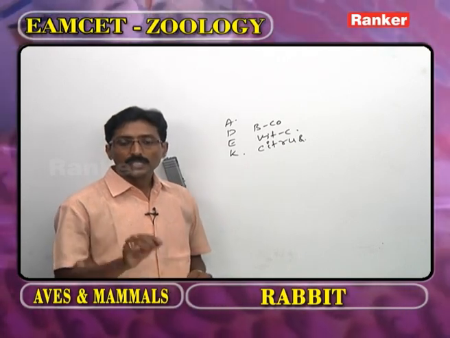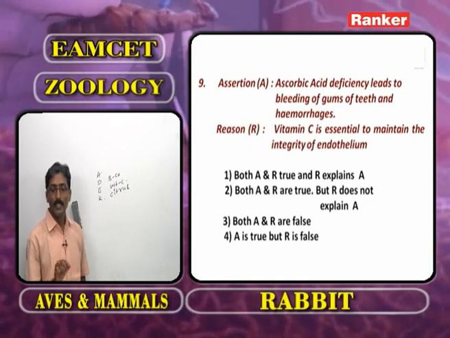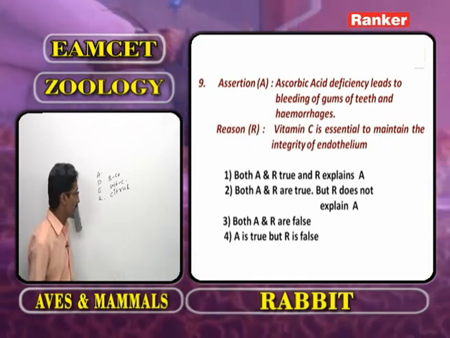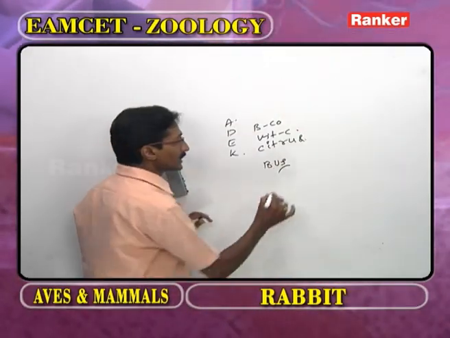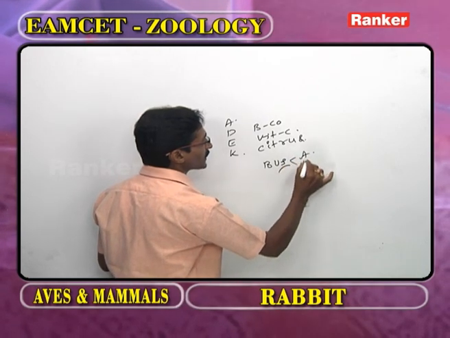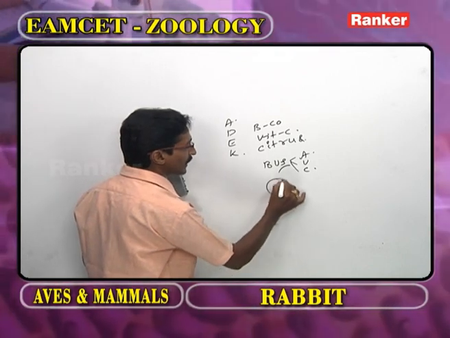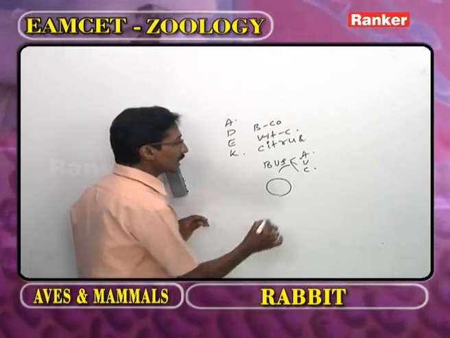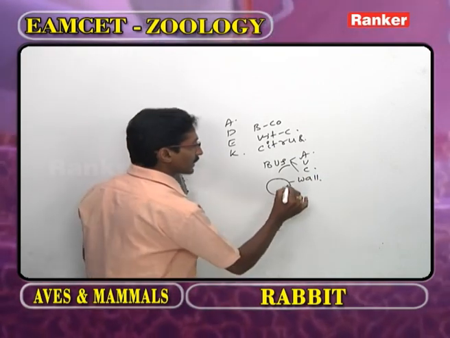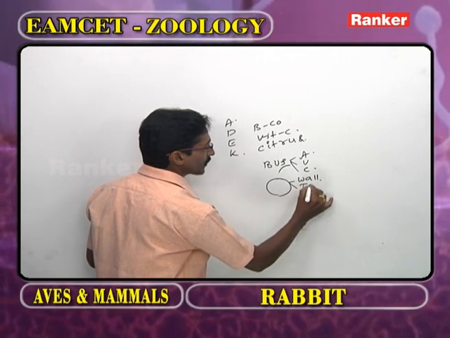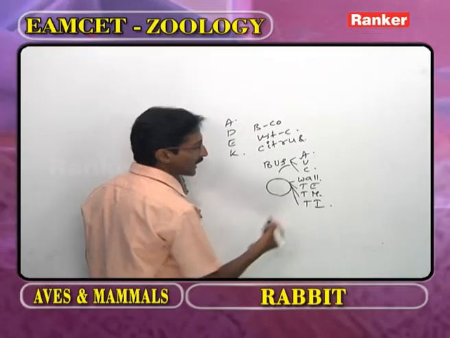Now the reason: vitamin C is essential to maintain the integrity of the endothelium. Now as we observe the blood vessels in our body, what are the blood vessels? Arteries, veins and capillaries. In the blood vessel wall three layers are present: tunica externa, tunica media and tunica interna.